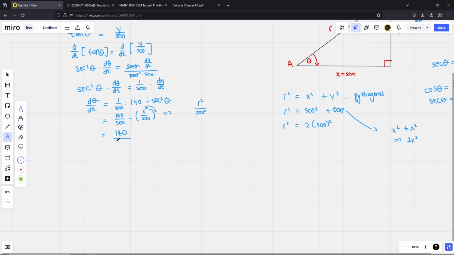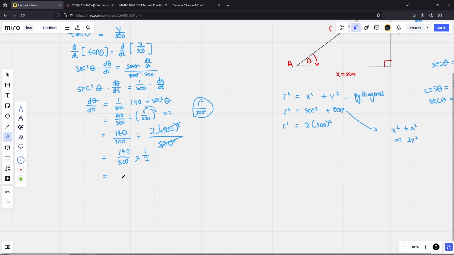So we have 140 all over 500 divided by 2 times 500 squared all over 500 squared. This cancels, and this is going to be 140 divided by 500. If I think about dividing this by 2, dividing by 2 is the same thing as multiplying by half.